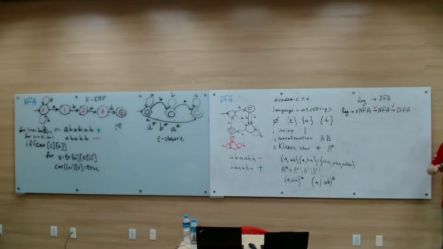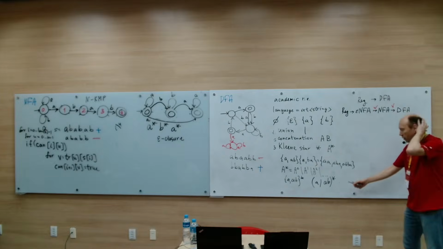The real-life regular expressions, like in Perl or in Linux, have more options. Some of them are just syntax sugar. Some of them are actually changing the power, like back references. They are changing the power of regular expressions, making them non-academic. But that's not important for us today.